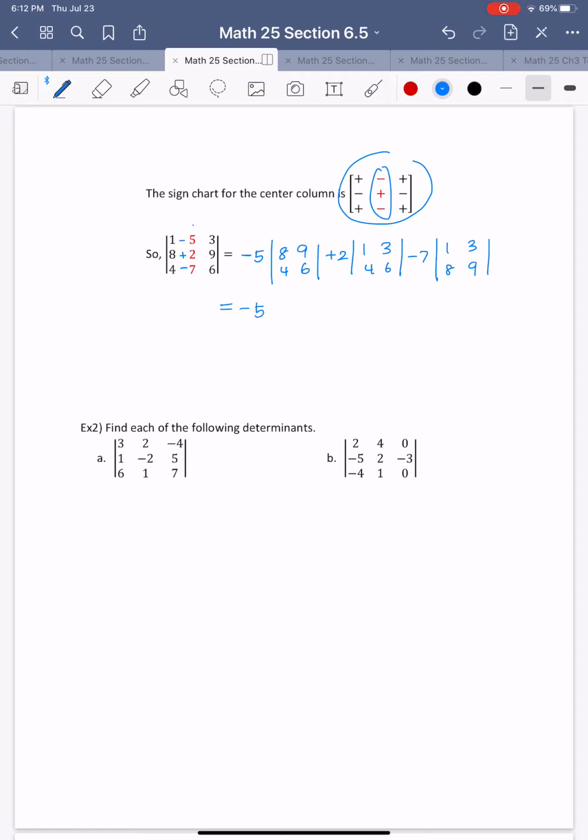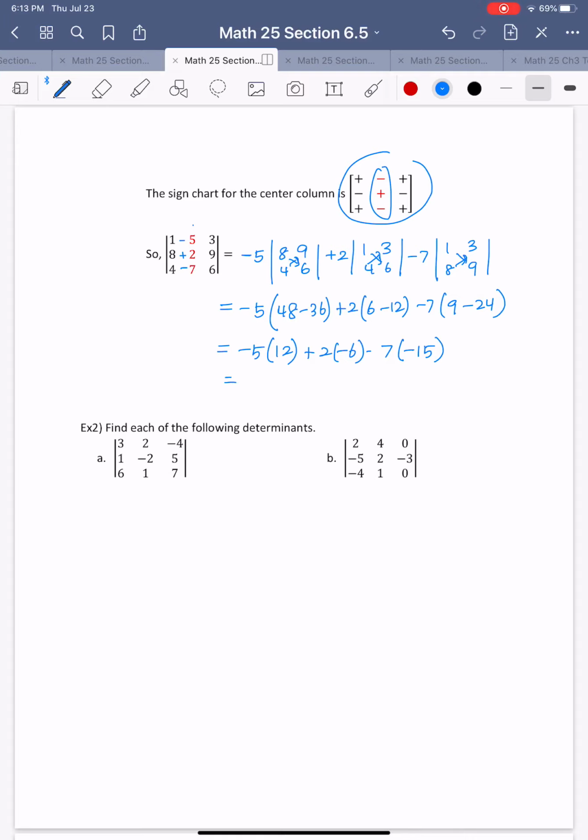Negative 5 times, multiply this, 48 minus 36, plus 2 times 6 minus 12, minus 7 times 9 minus 24. So I got negative 5 times 12, plus 2 times negative 6, minus 7 times negative 15.